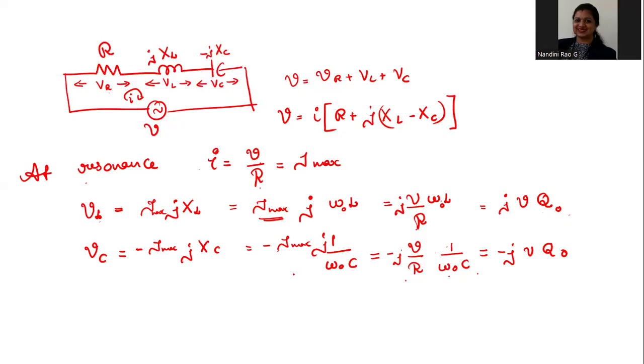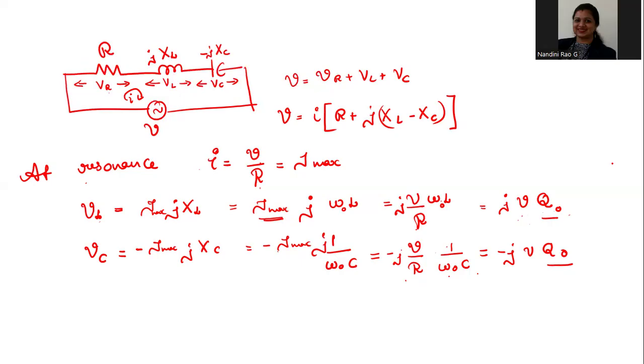You have given V, but you are getting back V into Q naught. So what do you think happened here? Amplification. Okay. So here these Q naught are considered to be amplifying parameters for V. Amplification of applied voltage. So that's why we say at resonant condition, we can consider this circuit as amplifier.